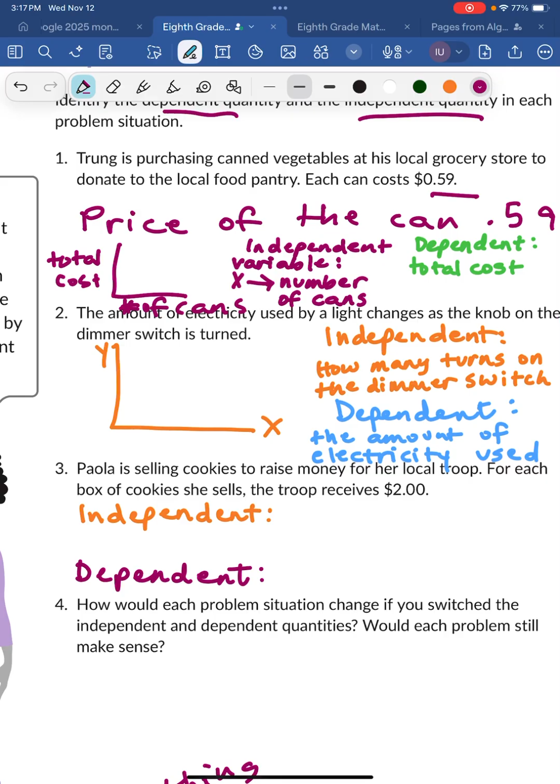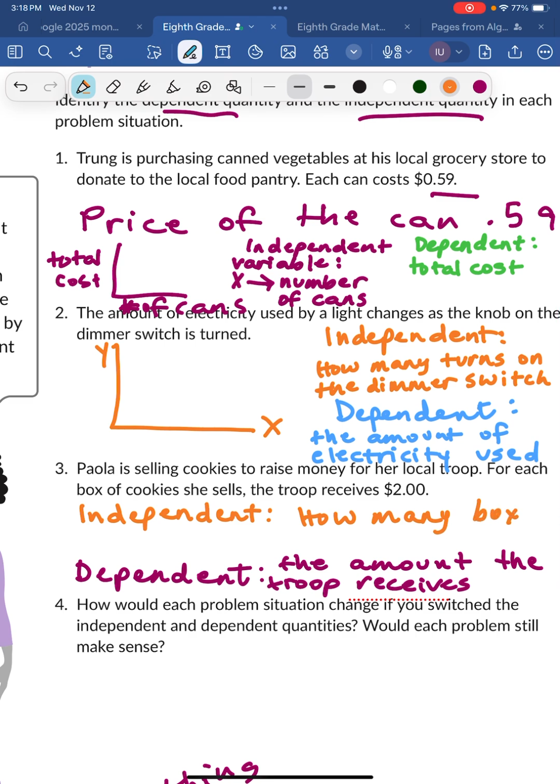Think about it. The amount the troop receives depends on how many boxes of cookies she sells.